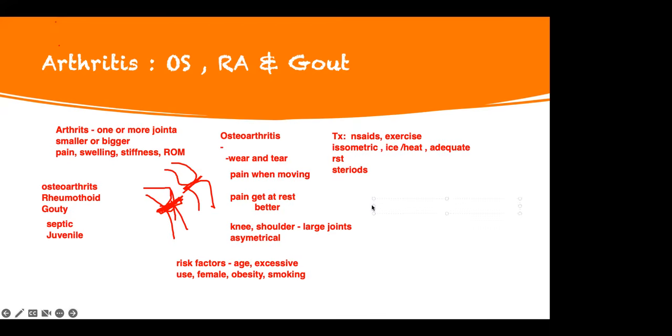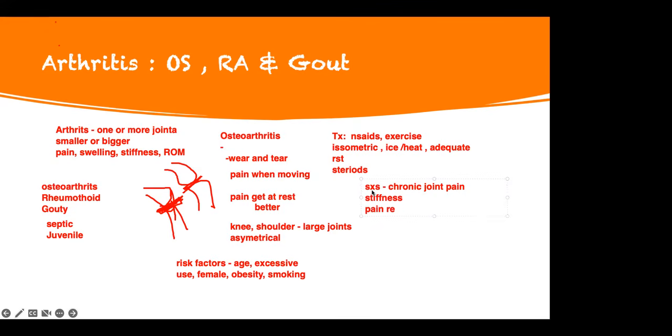So this is what you need to know about osteoarthritis. Signs and symptoms. For the next generation, this is the way they will present to you. Chronic joint pain. Okay, they will tell you they have stiffness. The pain is relieved at rest.